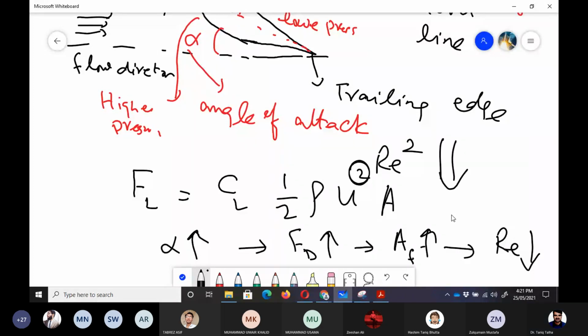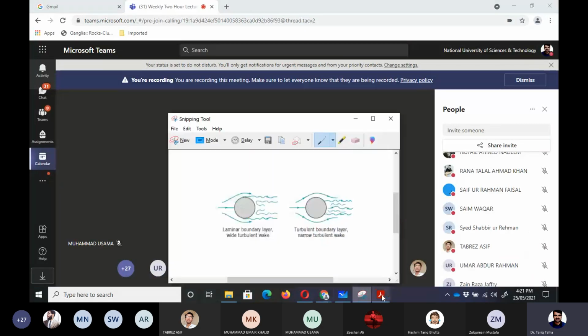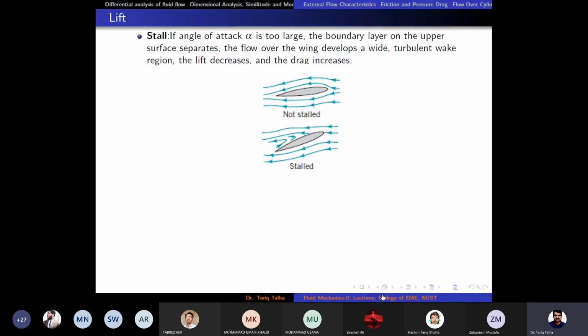Since it is squared here, the lift force would decrease by a square. So if the pilot mistakenly flies at a very high angle of attack, there would be a condition of stall, and then the plane would come down in a vertical direction, and that is not ideal.